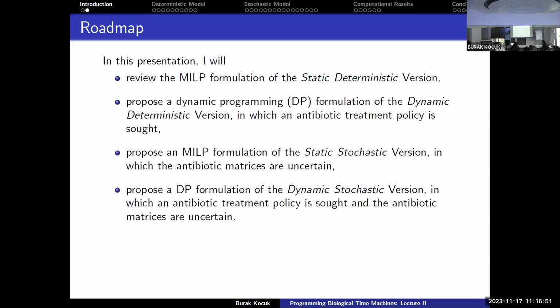Which means you will update the probabilities. I will decide the second antibiotic after observing the first transition. Like in your weather example, if we're asking what's going to happen on the rainy 19th, you will know what the 18th is. Exactly. So I will observe the uncertainty, so this is the difference between static and dynamic.